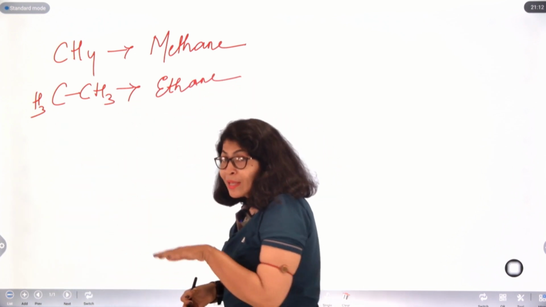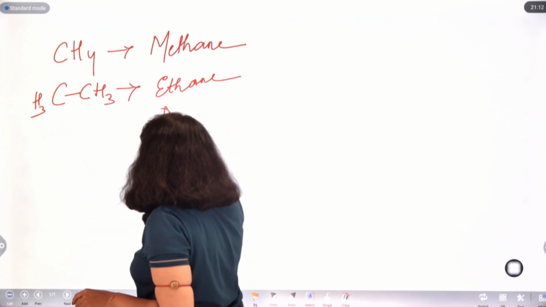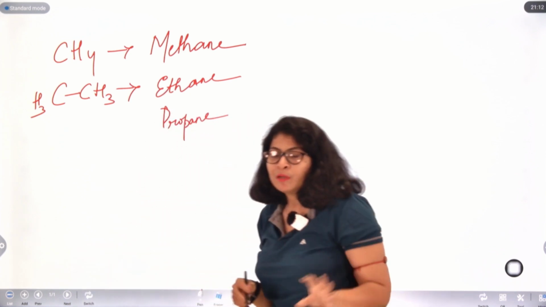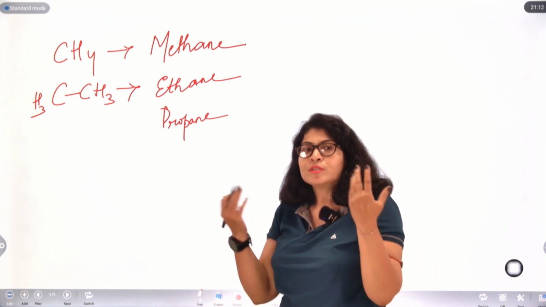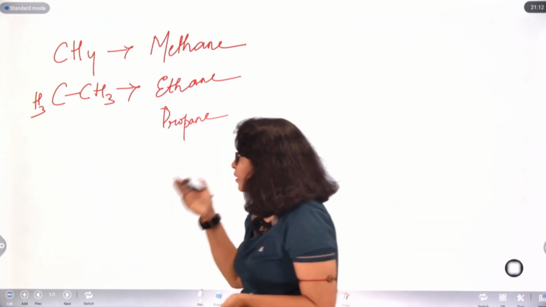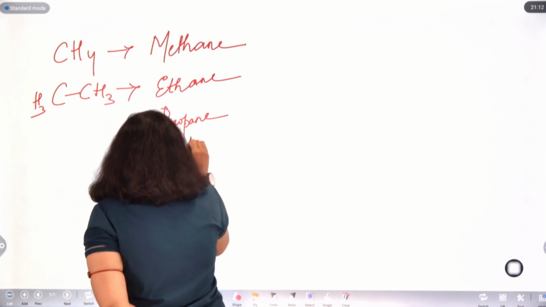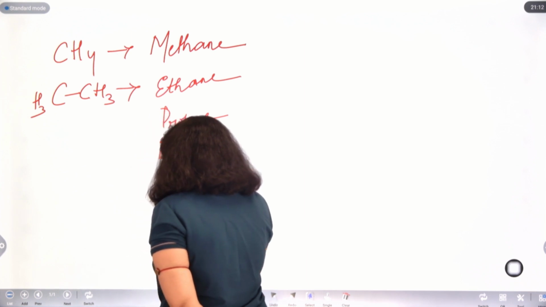If 3 carbon atoms, it will be propane. Hydrogen doesn't matter, right? Hydrogen you have to fill by default. If you form the skeleton, then you just need to satisfy the valency of carbon by giving it the required number of hydrogen atoms. Butane, pentane, likewise it follows.